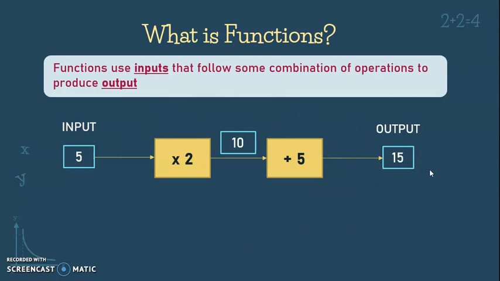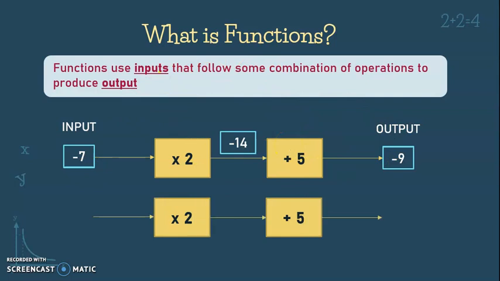Okay, so let's try another example. For example, we have negative 7. So negative 7 multiply with 2, we get negative 14. We add with 5, we get negative 9. Okay, so this is the output value and this is the input value. So all of this we call that as functions.